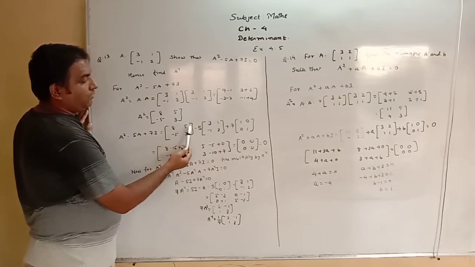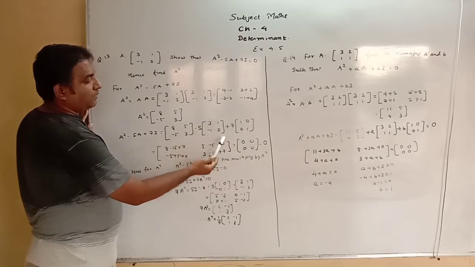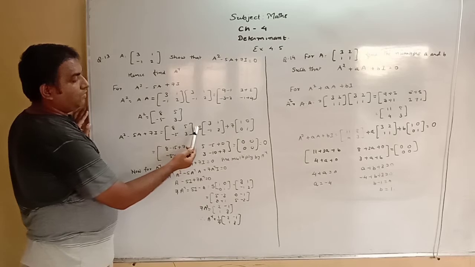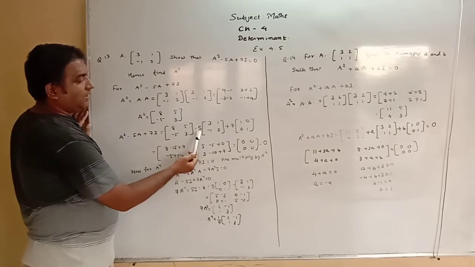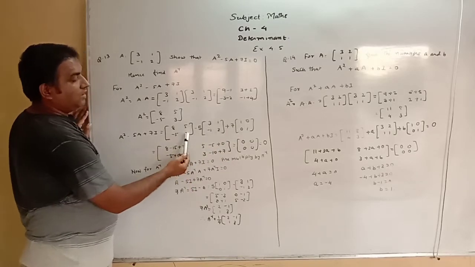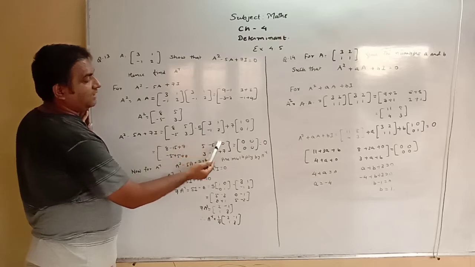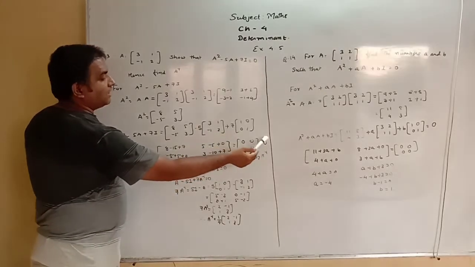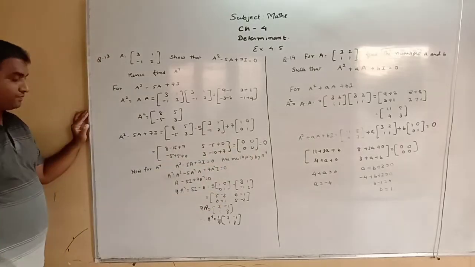Now 5 minus 5 is 0, plus 7 times 0 is 0. Minus 5 minus minus 5 is plus 5, minus 5 plus 5 is 0, and 7 times 0 is 0. 3 minus 10 plus 7 is 0. So each entry becomes 0, which shows that it is a zero matrix.